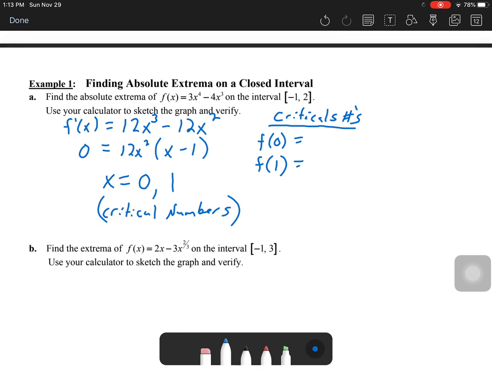Now, you don't necessarily have to label that, but you do want to show this. I'm just going to label it here for the sake of teaching, but you don't have to do that on your exam. I'm going to say critical numbers and endpoints, but we want to make sure we show that we are plugging those in, f of -1 and f of 2.